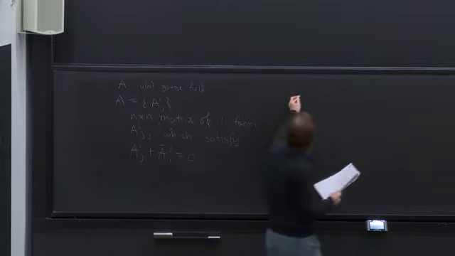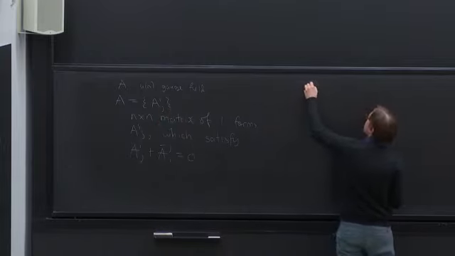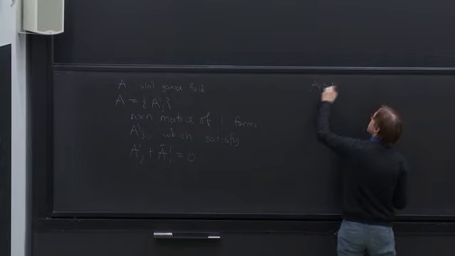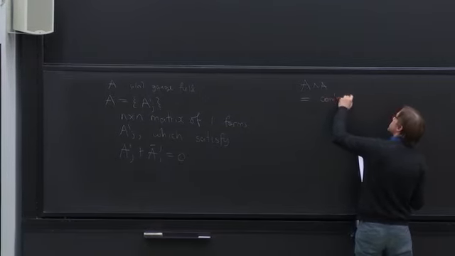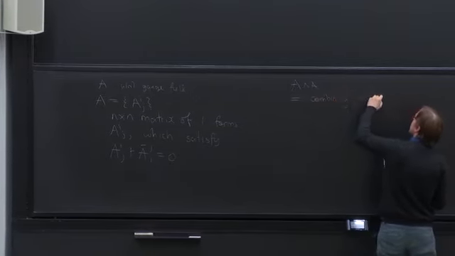And then we're going to use this notation. A wedge A is going to be combining wedge and matrix multiplication.